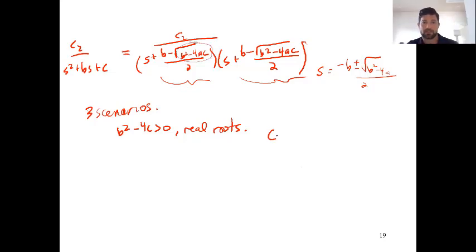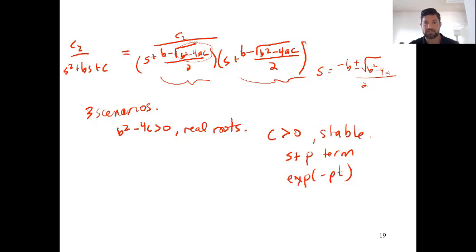Okay, we said last time, if C is greater than 0, this is going to be stable. The reason it's stable is because this term in the square root is less than B. And so therefore, I'm going to have an S plus p term, and the inverse Laplace of this S plus p term is going to be exponent of negative p t if C is greater than 0. If C is less than 0, it's going to be unstable.